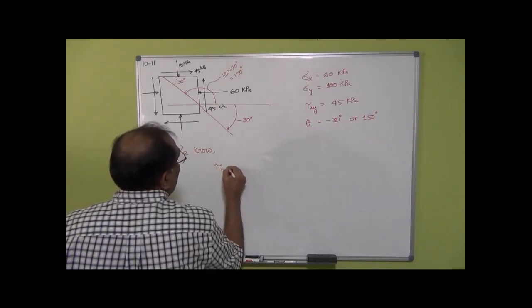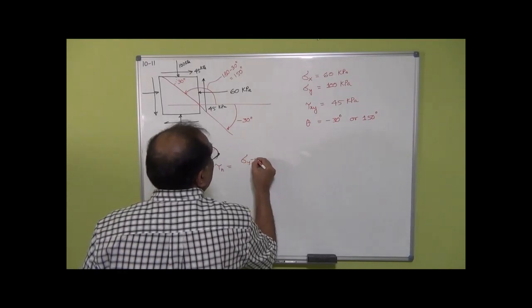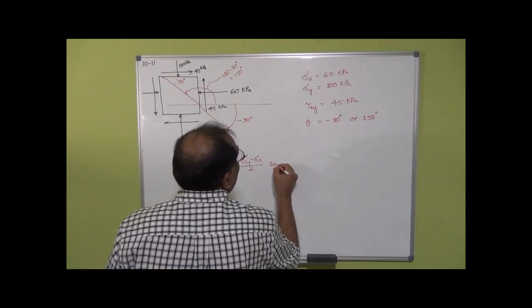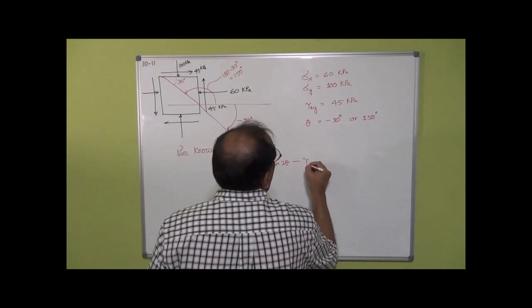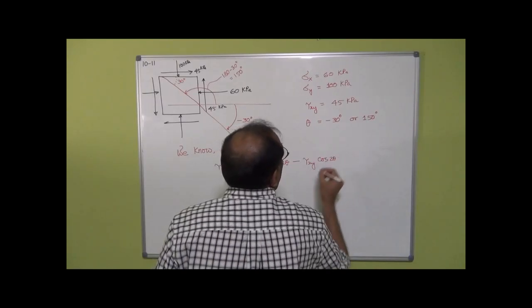So now we know the shear stress at any particular plane is sigma y minus sigma x divided by 2, sine twice theta, minus tau xy cosine twice theta.